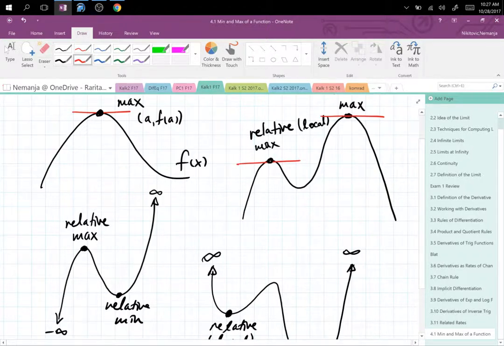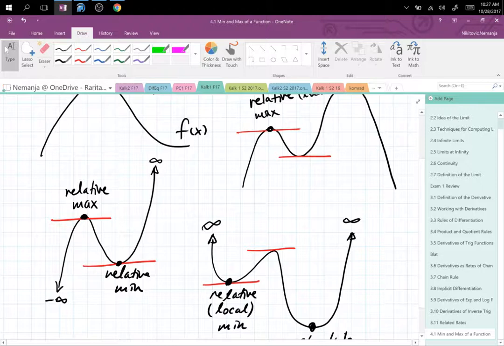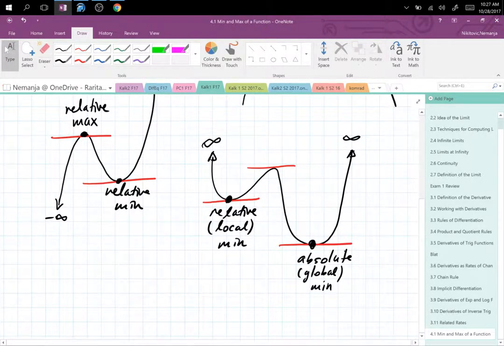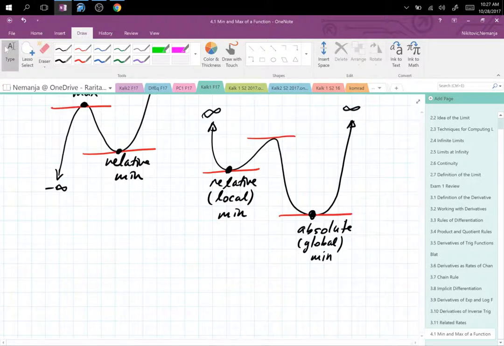All the horizontal lines have 0 slopes. And if they have 0 slopes, that means that the derivative equals 0 is the one in charge to find the locations where these occur. So we're going to first define something that is called the critical point, and then we're going to figure out the procedure to find minima and maxima of a function.